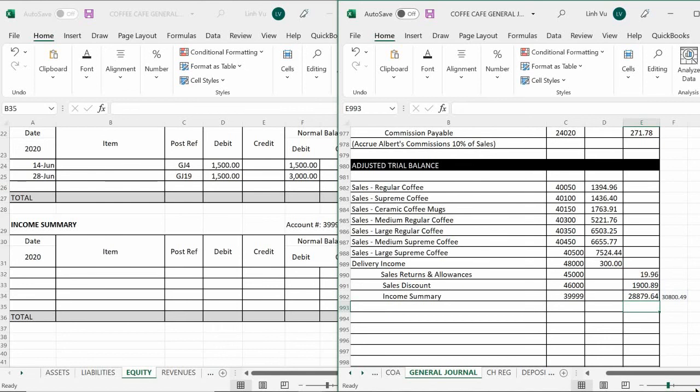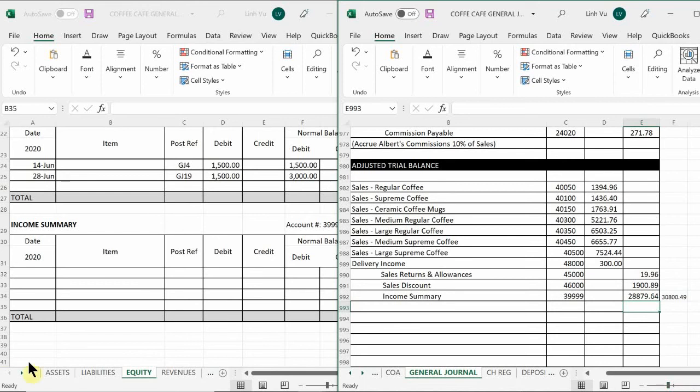Okay, so basically I added up my total debits to get a total of 3,849, and I subtracted out the 1996 and the 1989, and I should get 28,879.64 on the credit side.